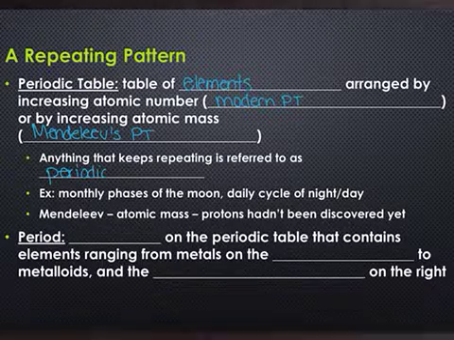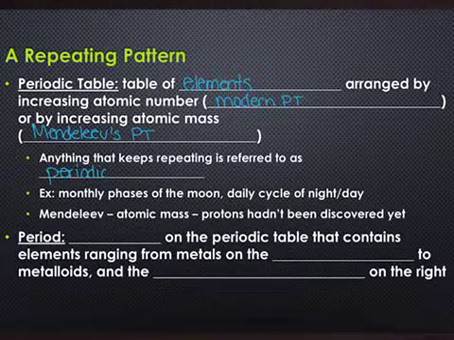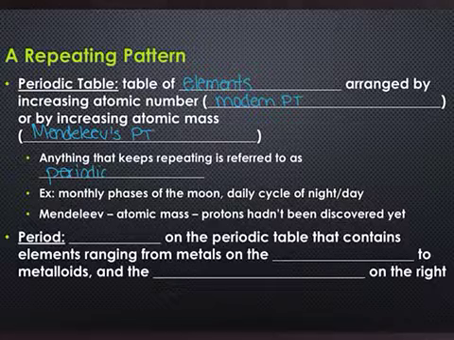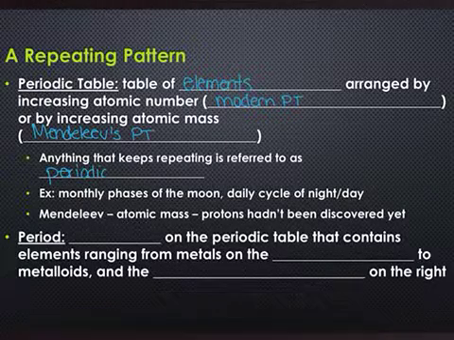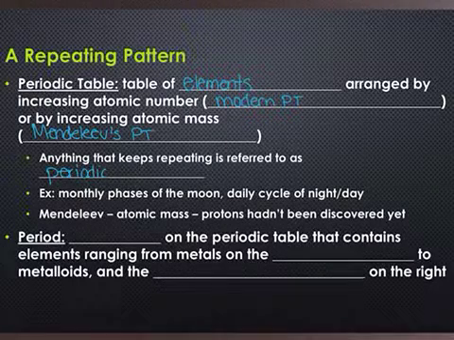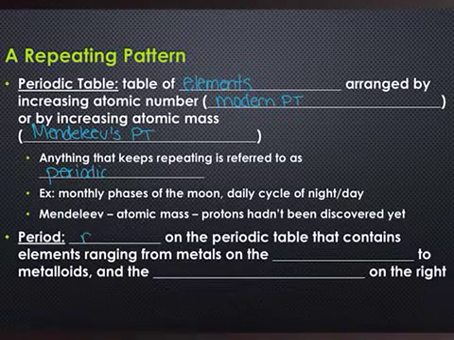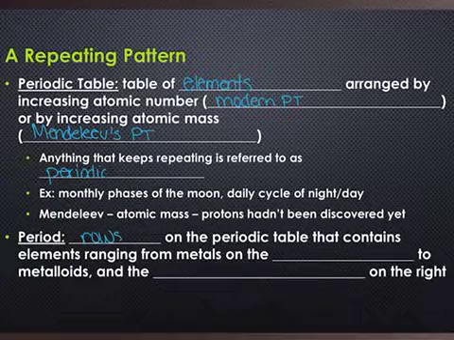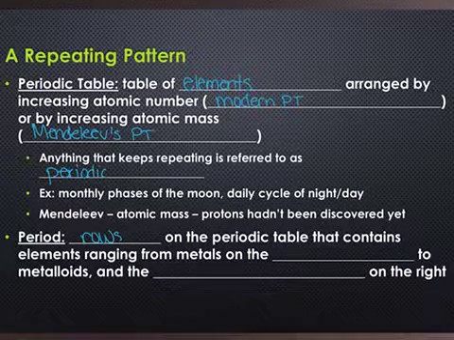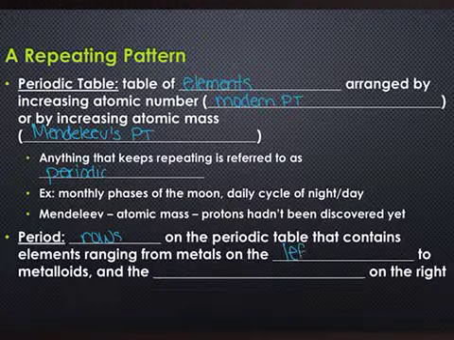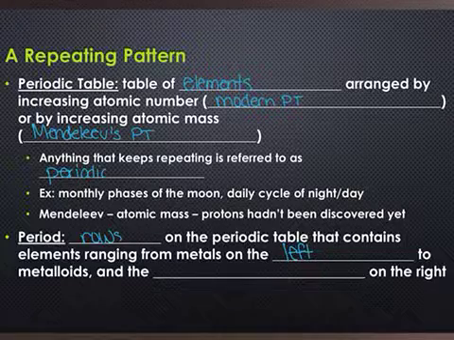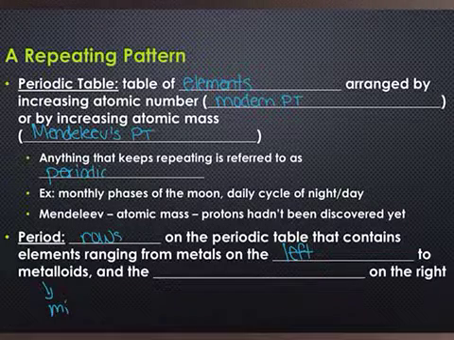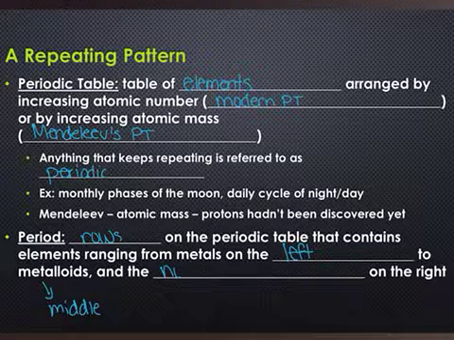So the periods on a periodic table are the horizontal rows that contain elements, and they range from metals on the left-hand side to metalloids in the middle, and then all the way on the right-hand side we have the non-metals.